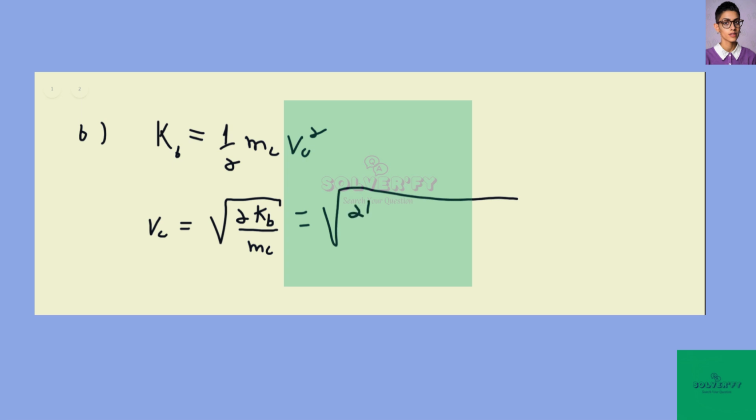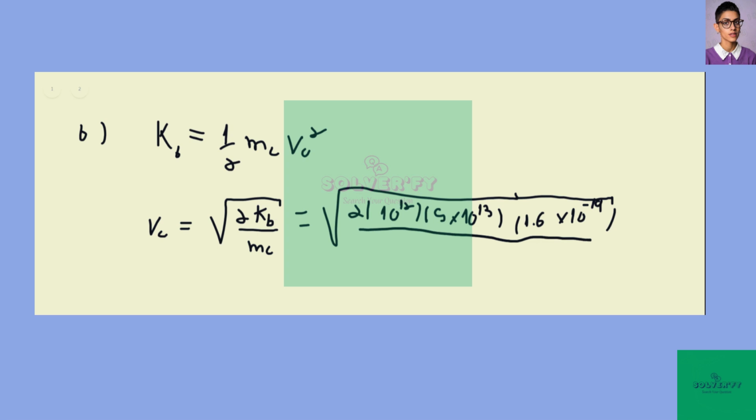So we have how much energy each proton has, 10 to the 12, how many protons we have, 5 times 10 to the 13, and the conversion to joules is 1.6 times 10 to the minus 19. And then the mass of the car is 1,500 kilograms. And then the velocity is 10 to the 3 meters per second.